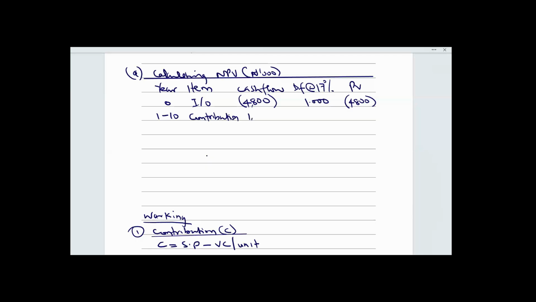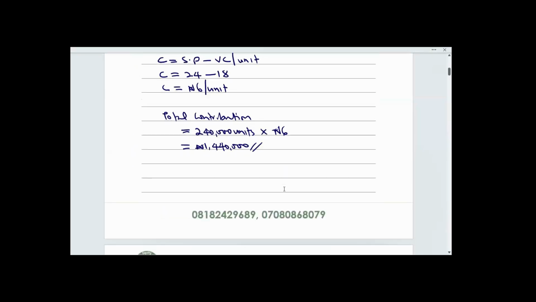So let's calculate the annuity factor, AF. AF is computed as 1 minus (1 plus R) raised to power minus N, everything divided by R.